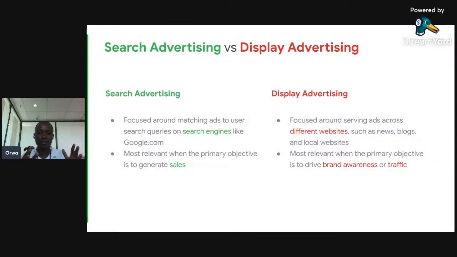So with display ads, we follow your behavior.